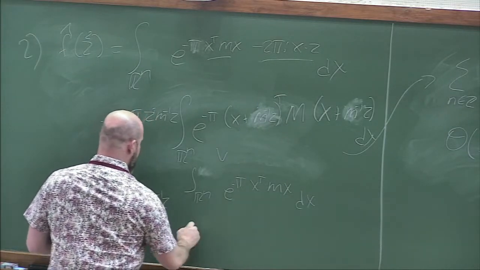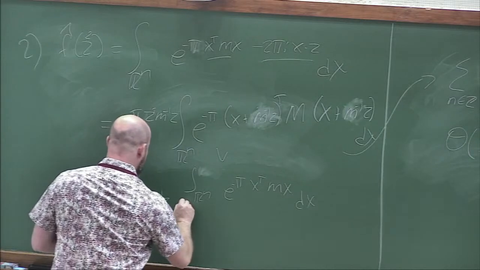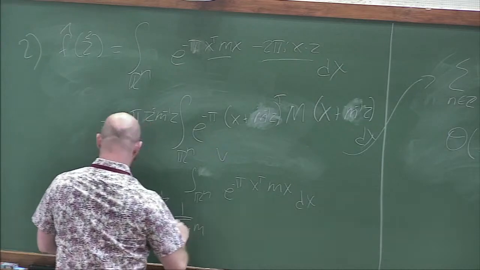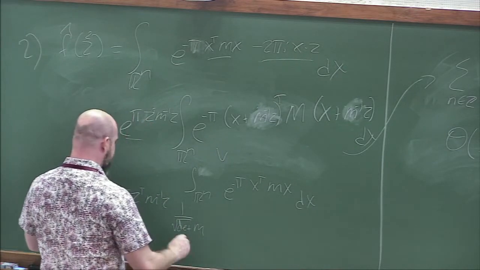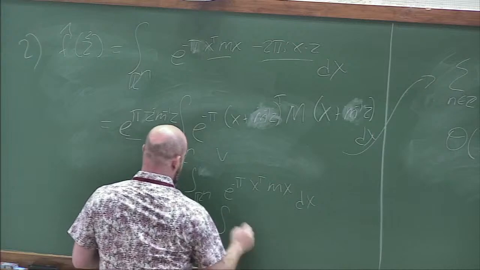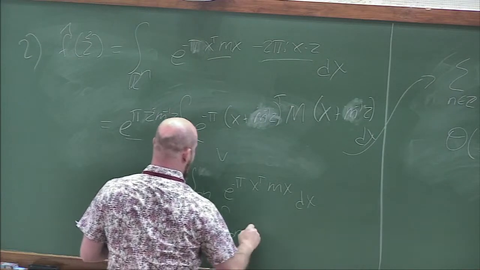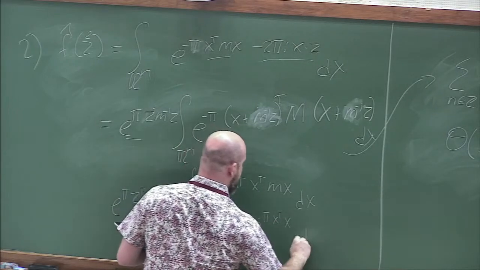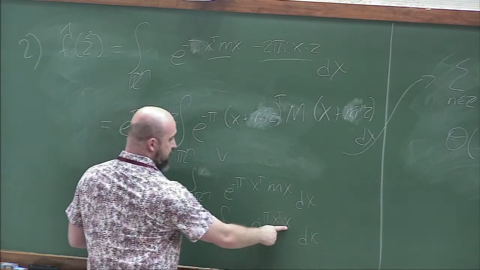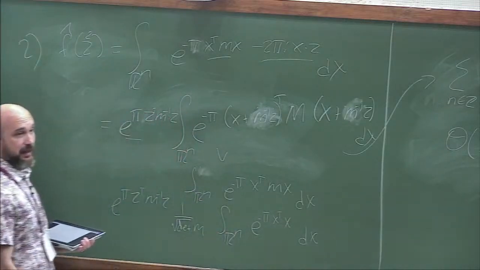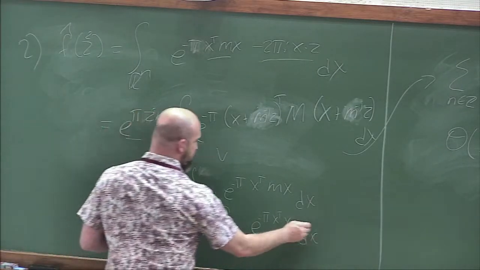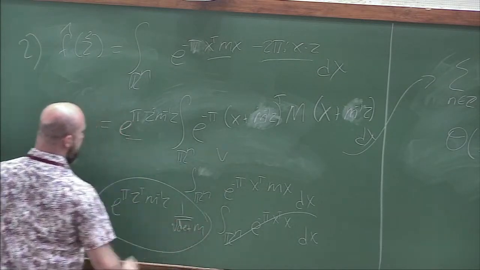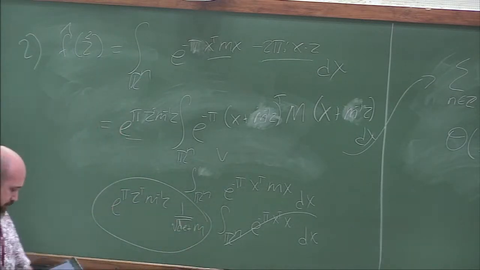This will turn into 1 over the square root of the determinant of M. And then we can think about this as an integral over Rn of e to the minus pi x transpose x dx, but this is just a product of a bunch of terms that integrate to 1. So this is just going to vanish, and this right here is the term that I have left over.